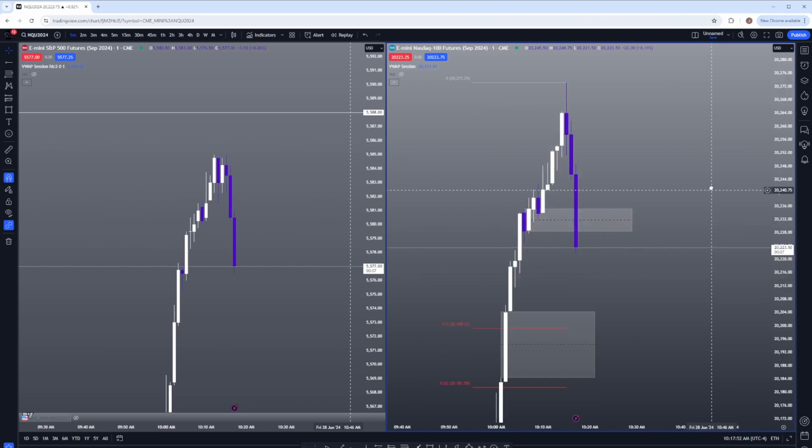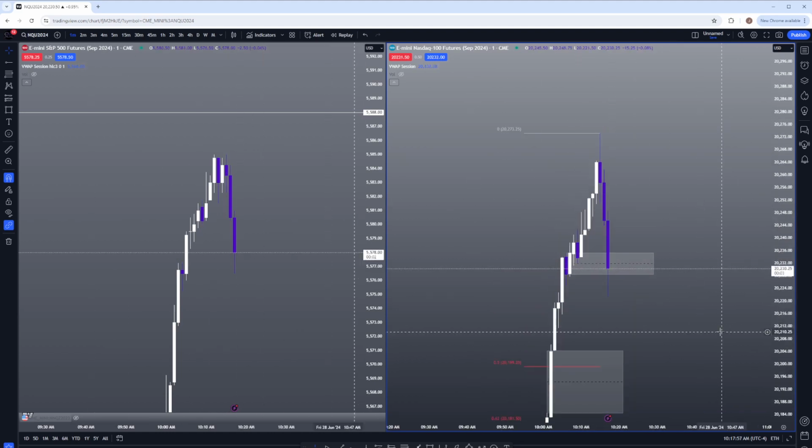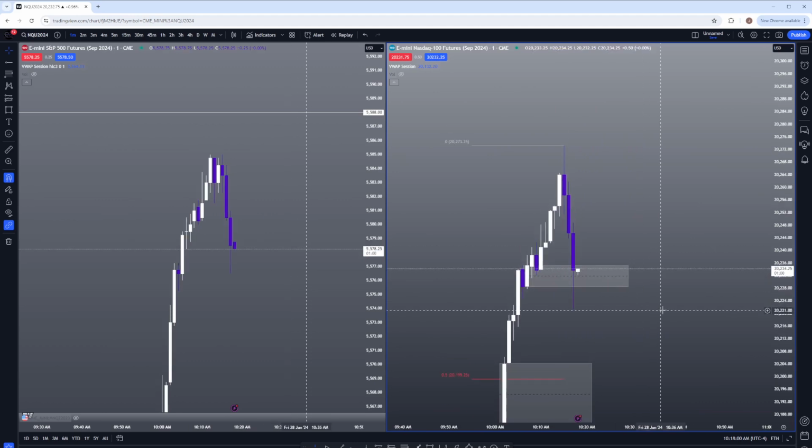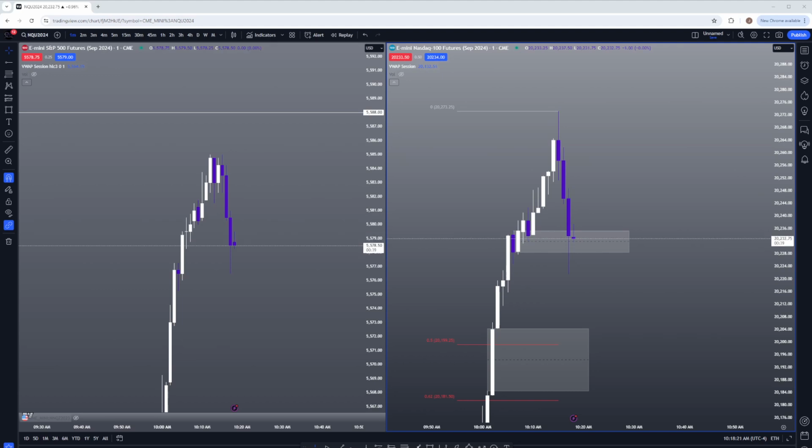So I would need to see us trade down maybe into a discount of this range, or start showing that we're going to bounce off of these imbalances to get back in the longs. Not really seeing enough right now.